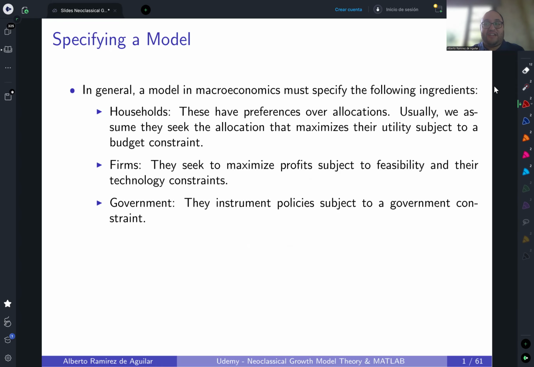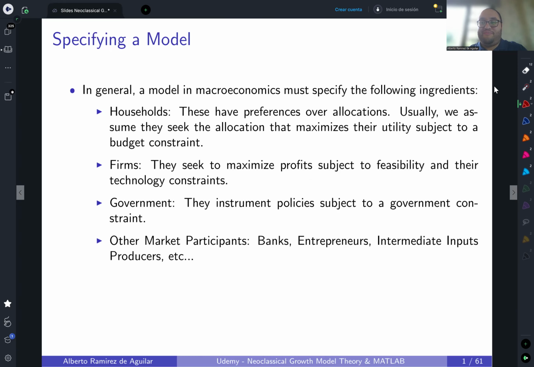I will be more specific about this, but I just wanted to let you know that a lot of macroeconomic models have governments in there, and the governments are entities that are not households nor firms. But at least in the model we will study in this course, we will not be dealing directly with a government.